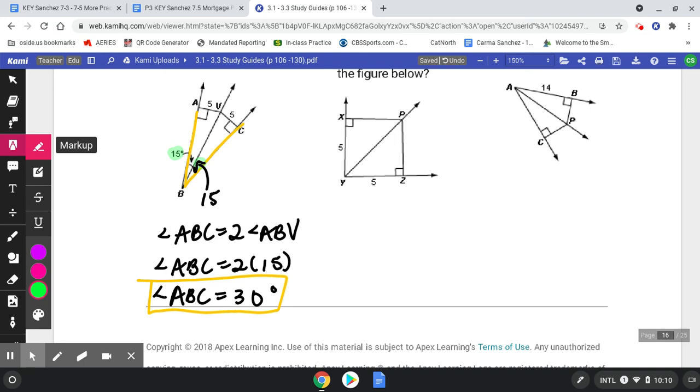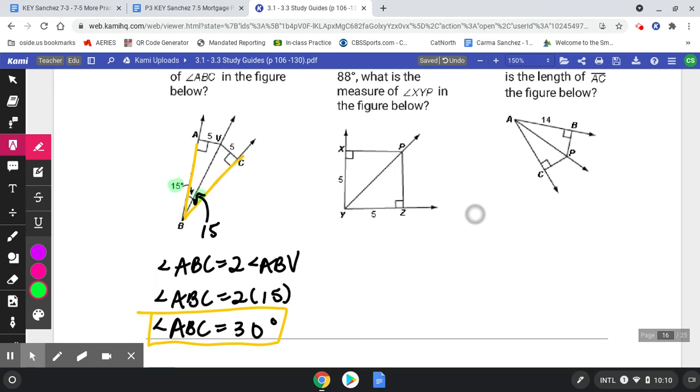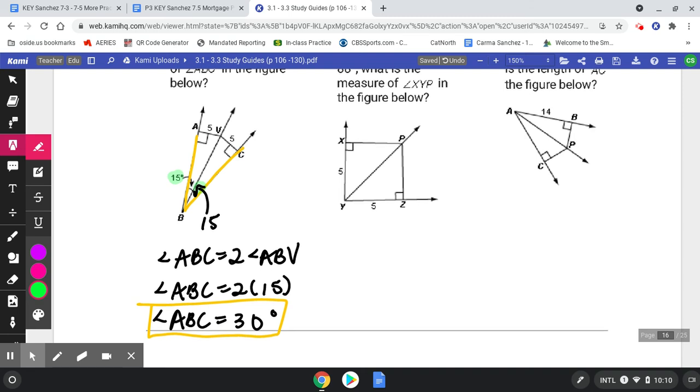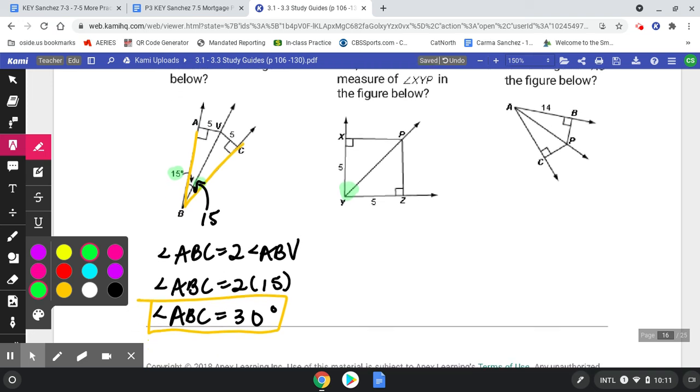All right, looking at the next one, it says if XYZ measures 88 degrees, what's the measure of XYP? So we're looking at XYZ is 88 degrees. What's XYP? So this little guy right here.